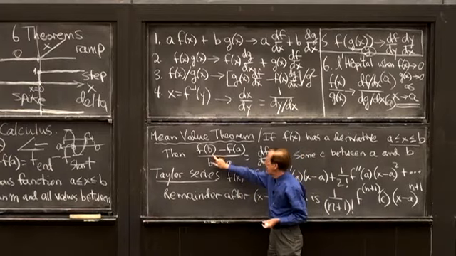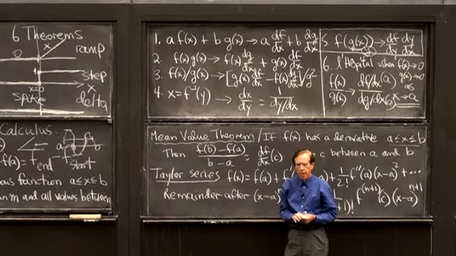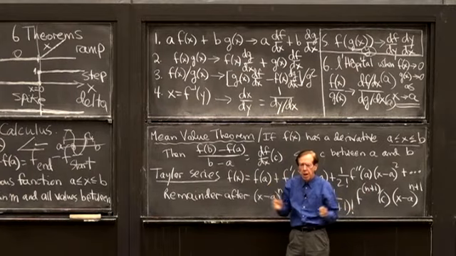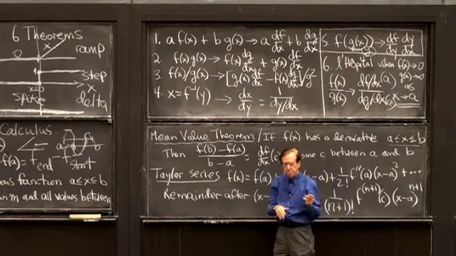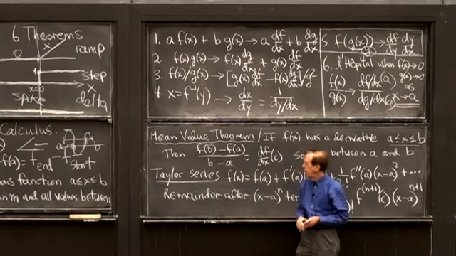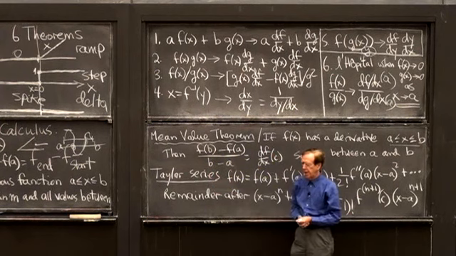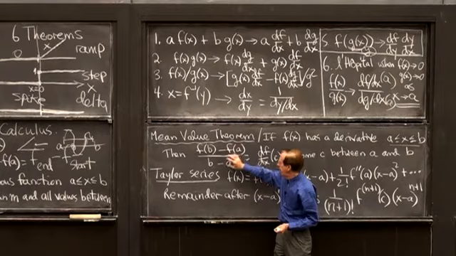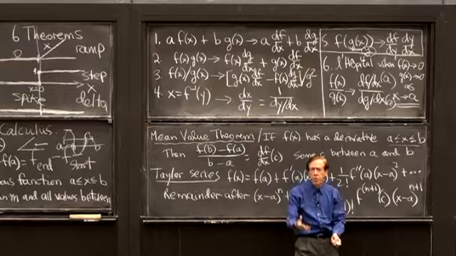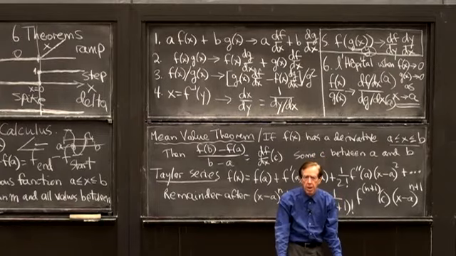This is like delta f over delta x for the whole interval from a to b. Delta x is b minus a, the whole jump. Delta f is f at the end minus f at this end. So that delta f over delta x is like your average speed over the whole trip.